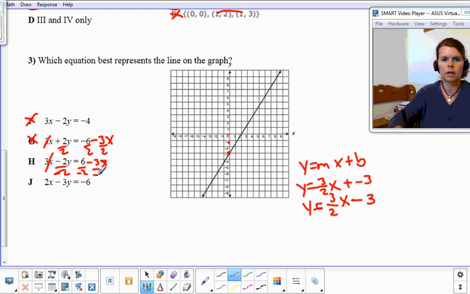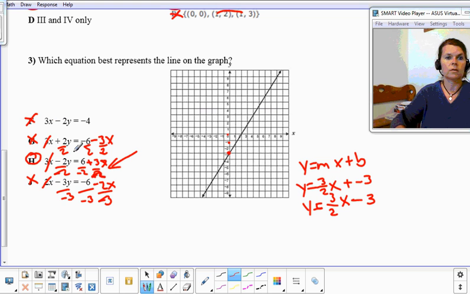And then negative 3 divided by negative 2 is positive, because this is a negative 2. This will be a positive 3/2. So sure enough, positive 3/2 x minus 3. It's going to be this one. And if you went ahead and went minus 2x divided by negative 3, you could see that this one would not work. We minus the 2x over here. Negative 6 divided by negative 3 is a positive 2. This is not going to work. So it's H right here.